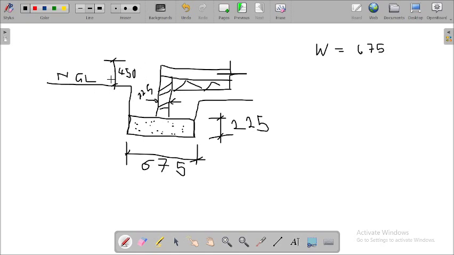Now the total height of foundation, by rule of thumb, that is from experience, is usually 1 meter.